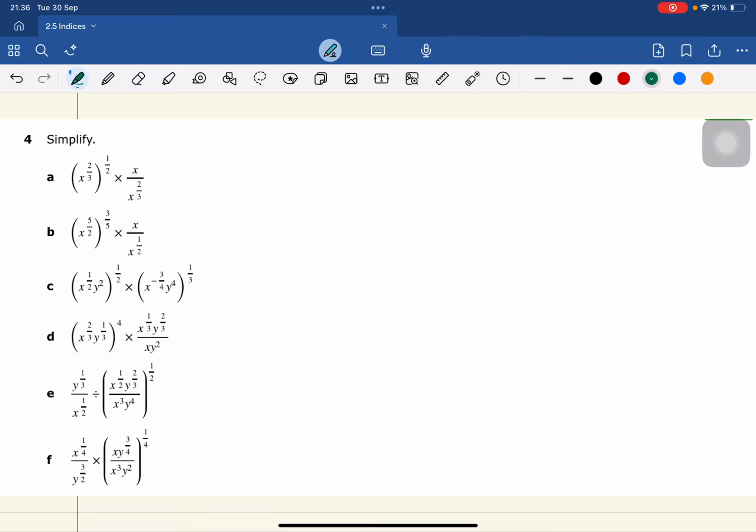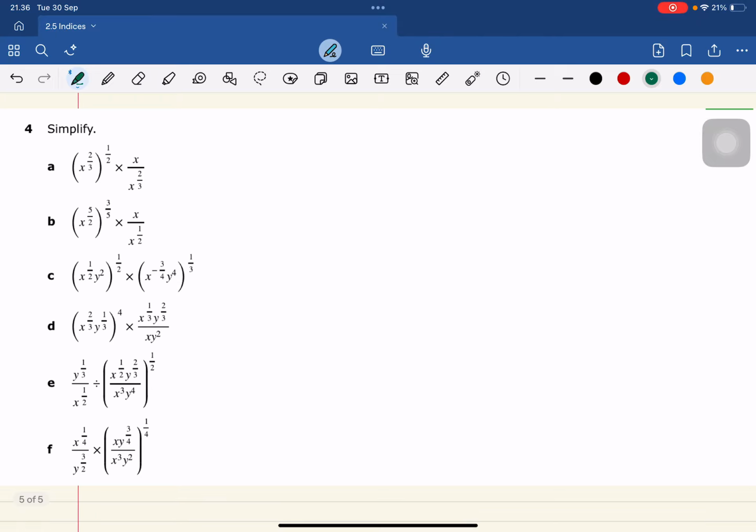Okay, x 2 power of 3, we multiply again by 1 over 2. So this will give us the answer of x 1 over 3 multiplied by x divided by x 2 over 3. So this answer is going to be x power of 2 over 3.